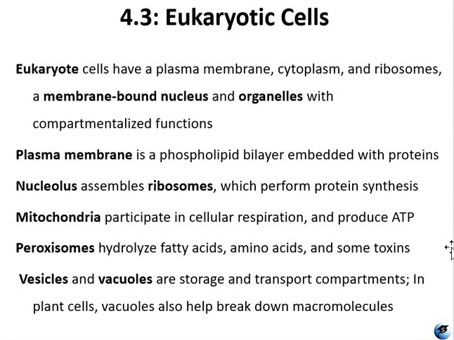The nucleolus assembles ribosomes, which perform protein synthesis. Mitochondria are involved in cellular respiration, ATP production. Peroxisomes hydrolyze fatty acids, amino acids, and toxins. And vesicles and/or vacuoles are involved in storage, transport, and breaking down macromolecules.